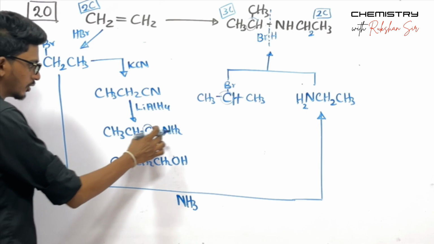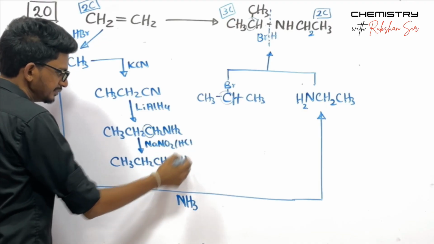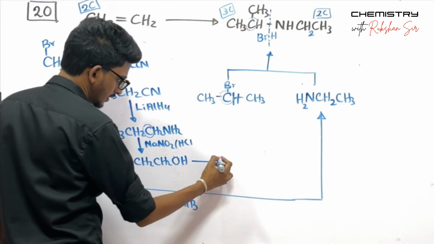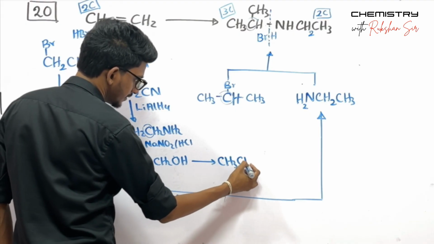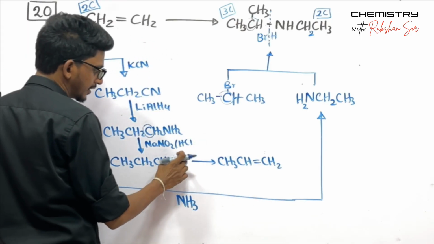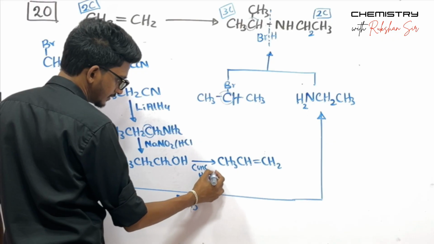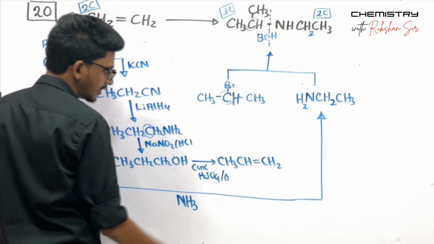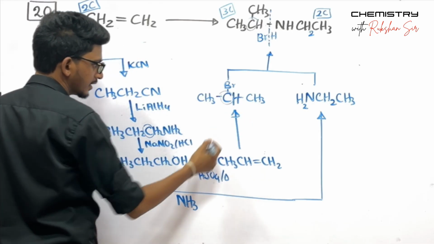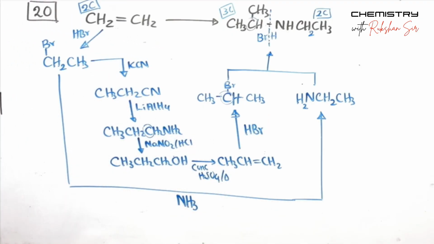We can convert this into OH by NaOH, then HCl. For the HBr method or H2O method, we need to remove an H2O molecule to come up with the alkene. That can be done with conc. H2SO4 and heating. And now we can produce this by just adding HBr. So that is done. This is conversion number 20.